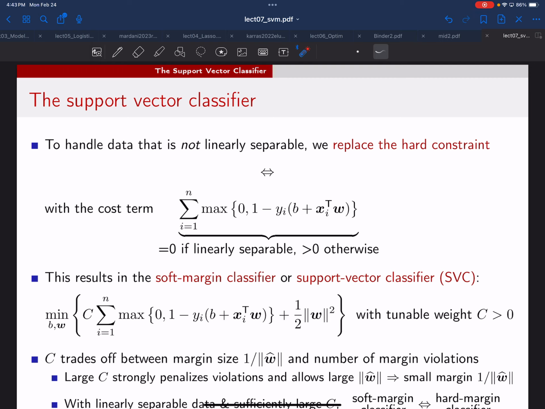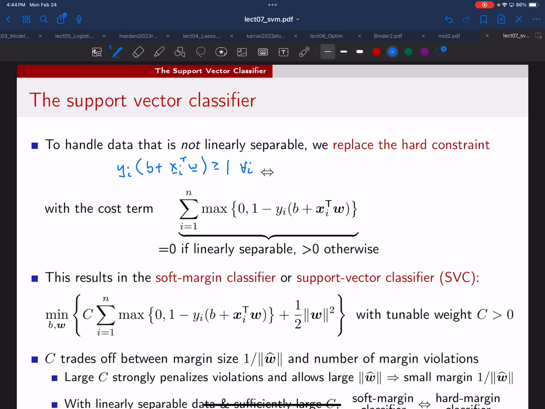So let's think again what our constraint was. Our constraint for linear separability was basically yi times b plus, actually we wrote it xi transpose w, must be greater or equal to 1 for all i.